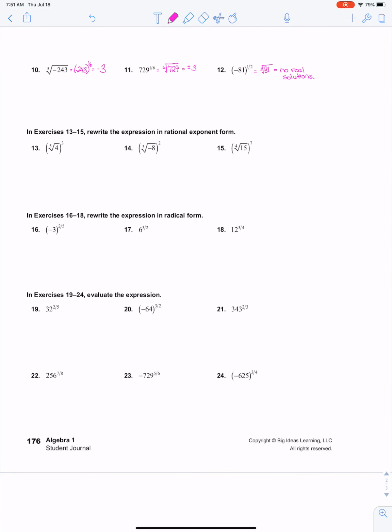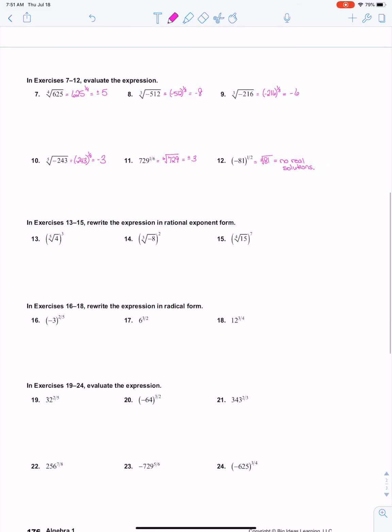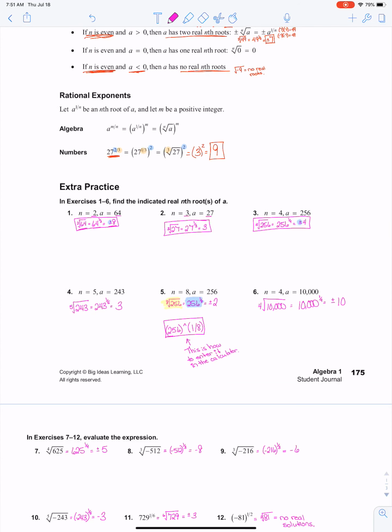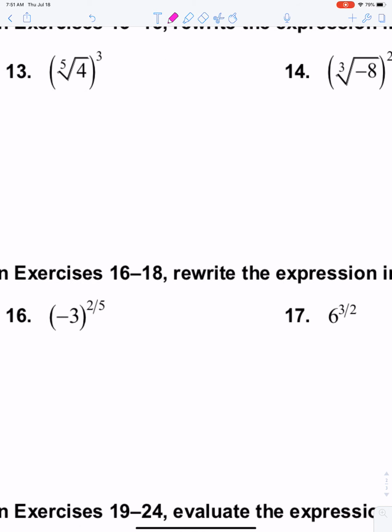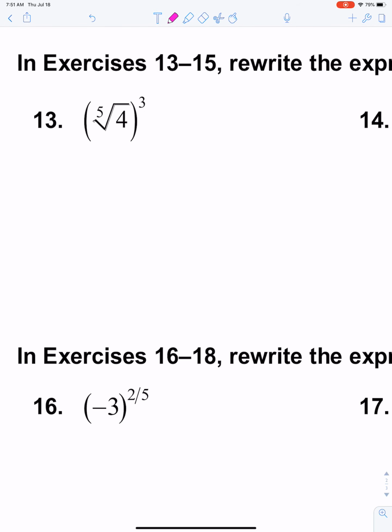Okay, so 13 through 15 says rewrite the expression in rational exponent form. If you remember from up here, your top number is your exponent, your bottom number is your root. So when we're rewriting these in rational exponent form, I keep the same base.